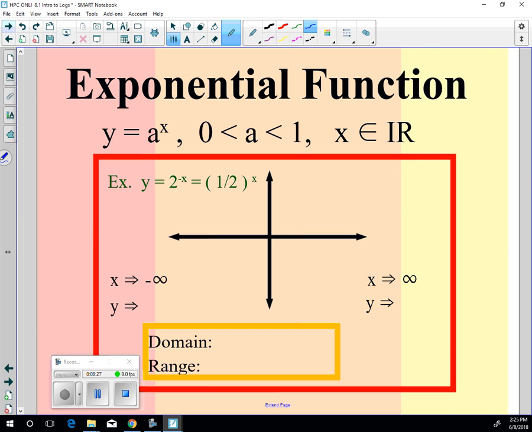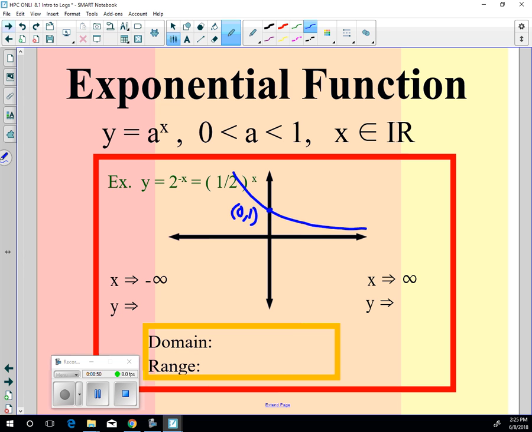Well, we can do 2 to the negative x, or when this base is between 0 and 1, the fractional, let's look at (1/2) to the x, or 2 to the negative x. Well, 2 to the negative x is still going to go through (0, 1). It still does that.